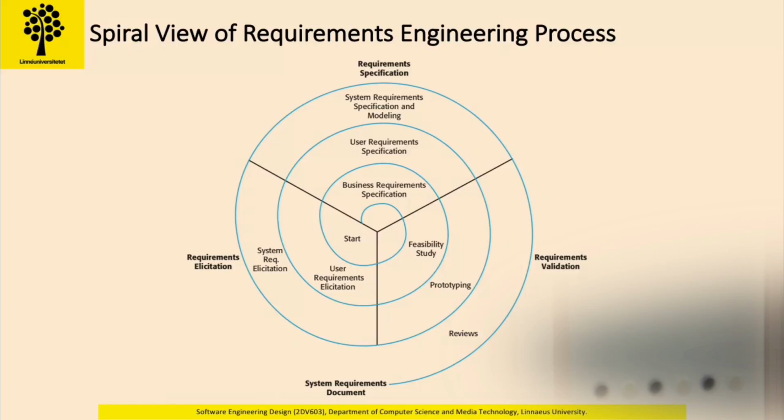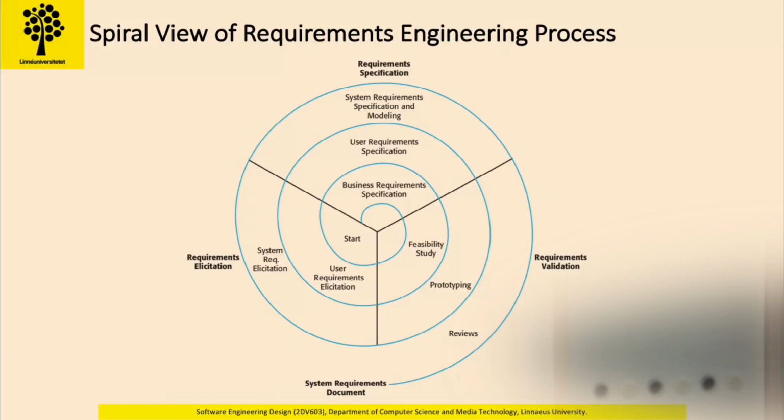These first were just the gathering of the requirements, but these are the specifications of the requirements. And once you have the user requirements specification, you come to prototyping. You make a demo of your final product using some technologies or languages.